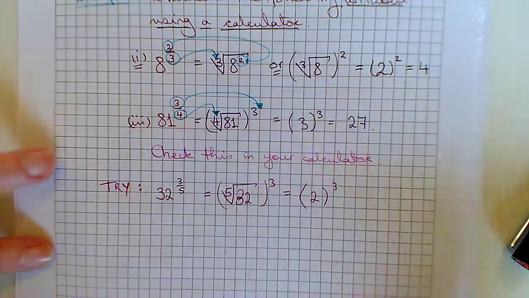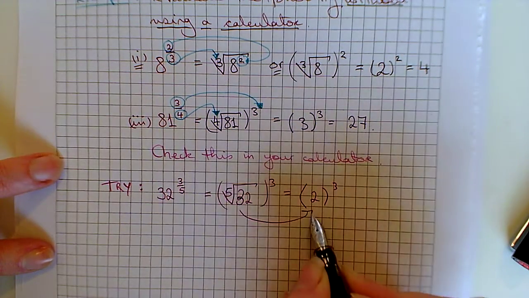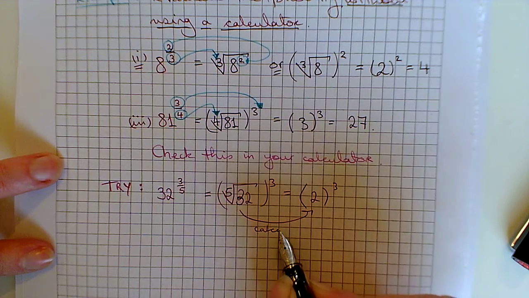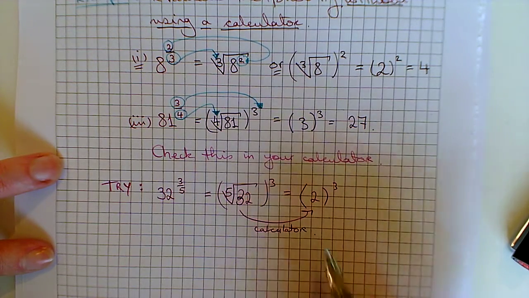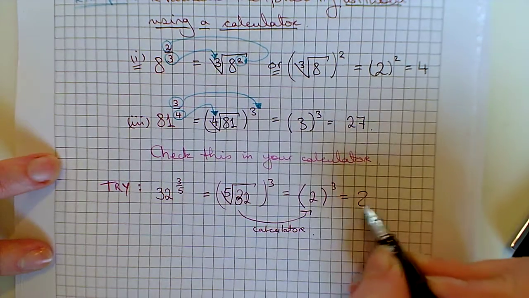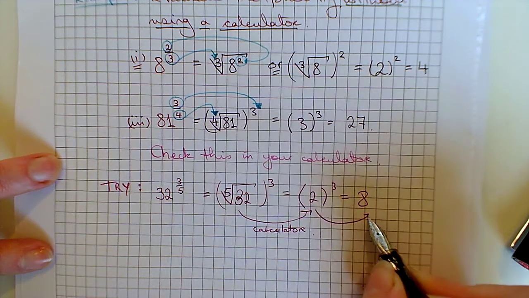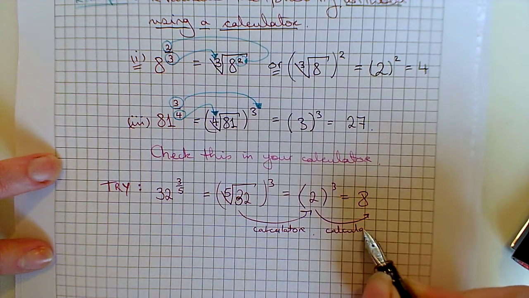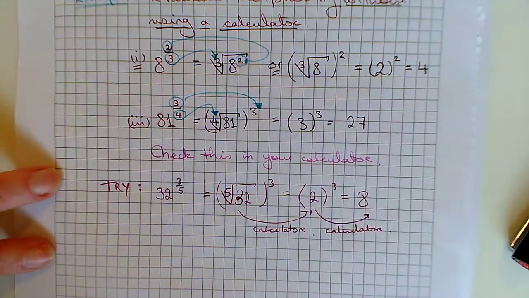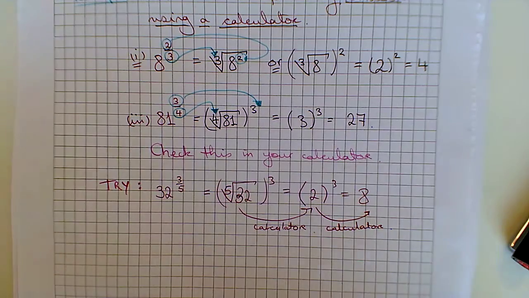So you can use the calculator for this step, and they're never going to know. And then 2 to the power of 3 is 8. And again, if you want to use the calculator, there's no way that they can tell that you have. So if you want to use the calculator to help, but to show that you've applied the rule, that's what they're looking for.